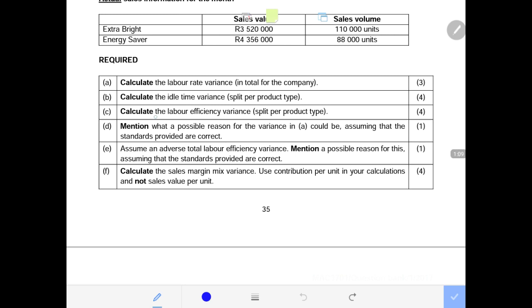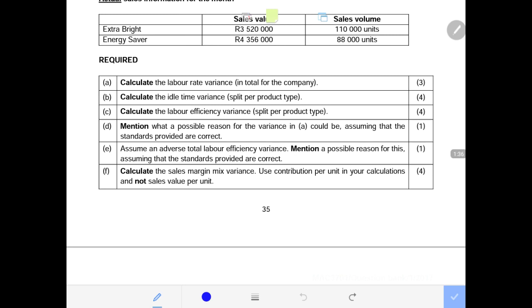Then we are to calculate the labor efficiency variance, which is obviously looking at the number of labor hours, standard hours versus actual hours. Then part D asks what a possible reason for the variance in A could be, assuming that the standards provided are correct.